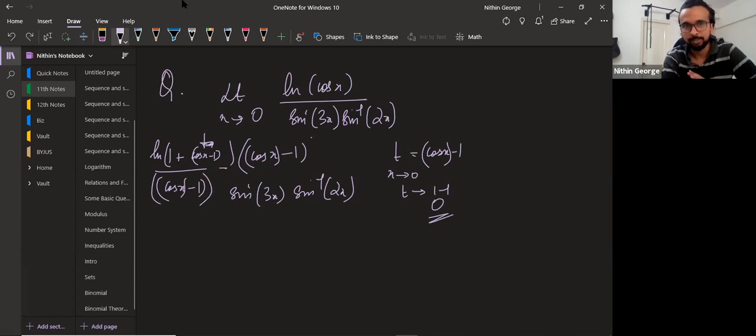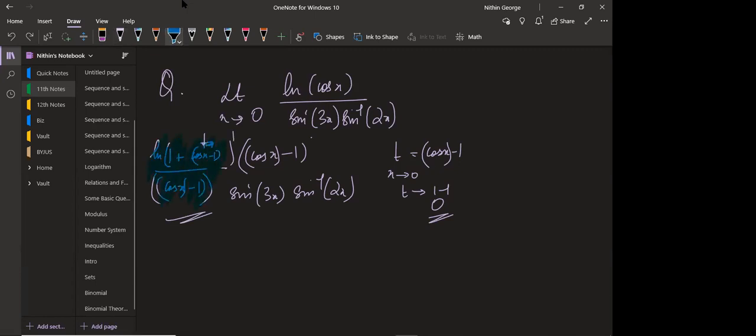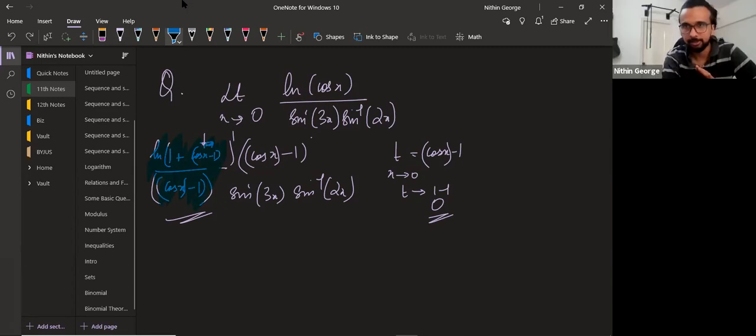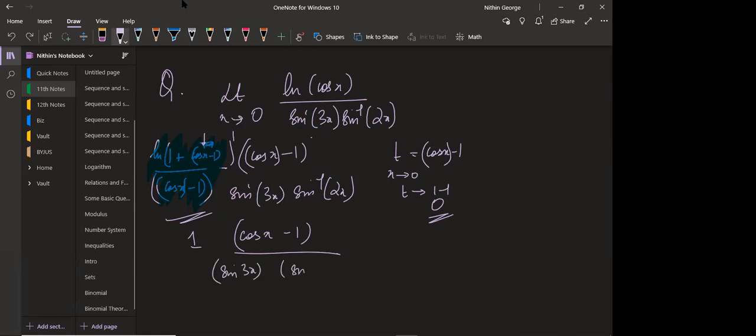So this becomes ln of 1 plus t divided by t form, where t tends to 0. And that part comes out to nothing but 1 here. What is remaining here? Cos x minus 1 divided by sin 3x and sin inverse 2x.